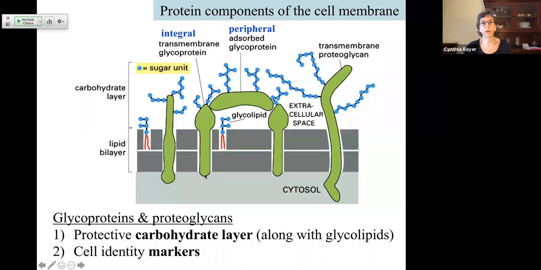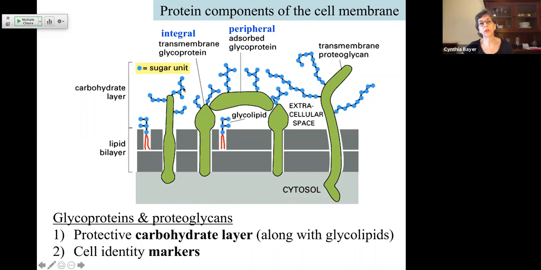Now, what we also notice is that all of these proteins on their extracellular side have sugars attached to them. So these are all what we call glycoproteins, right? Just like we said, many of the phospholipids of the lipid bilayer are glycosylated, meaning they have sugars added, and many, if not all, of the proteins in the membrane have sugars added to the outside.